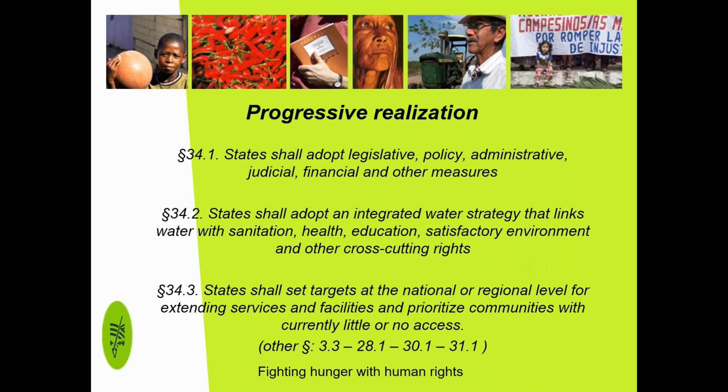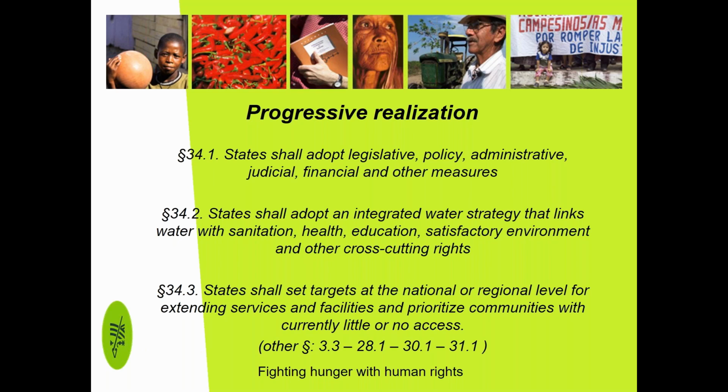So having this integrated water strategy is very key, because at the end of the day, the state should make sure that there's a progressive way of ensuring how this water will be enjoyed, and there should be some benchmark ways of assessing how this water will be enjoyed.